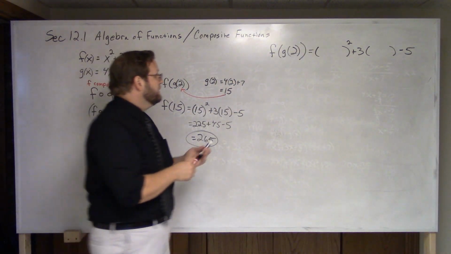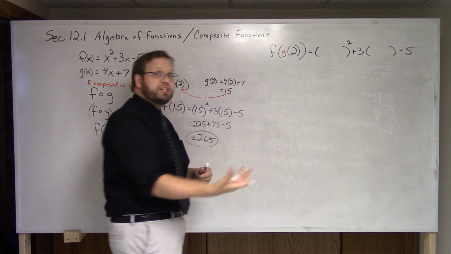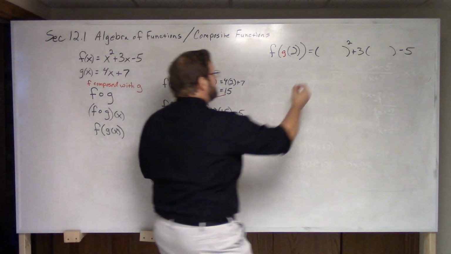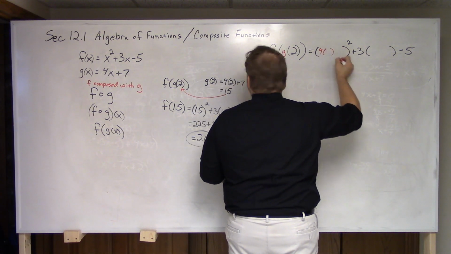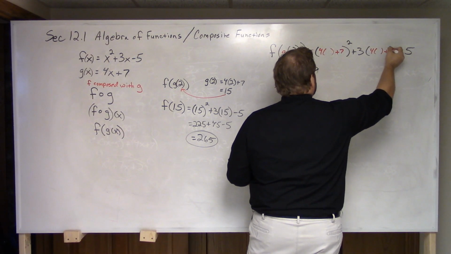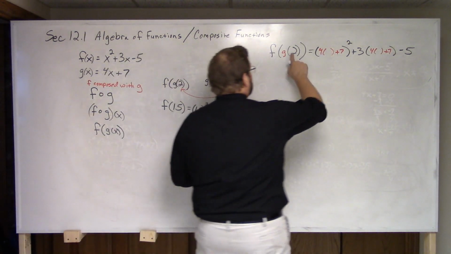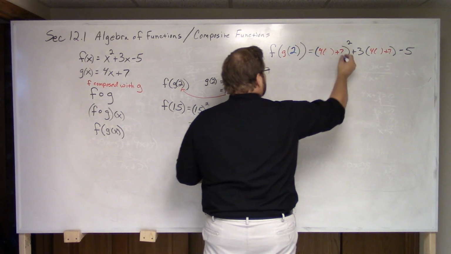Then, I would plug g into that. So that would be 4x plus 7, 4x plus 7. And then ultimately, I would plug that 2 in.